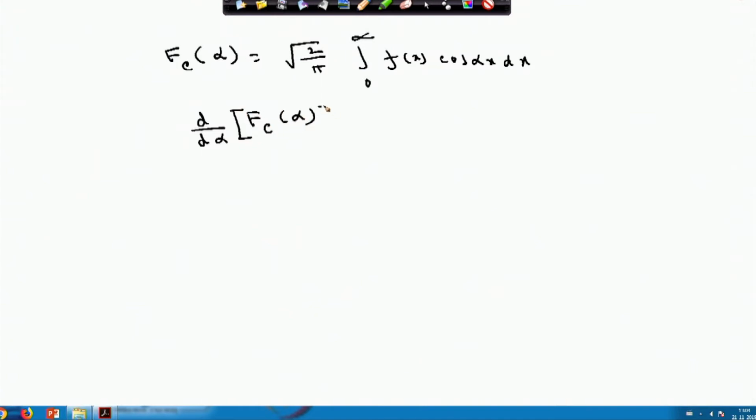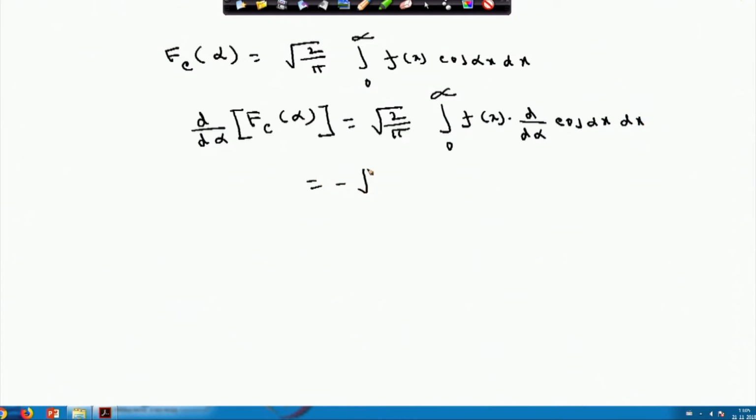It is root over 2 by pi, integral 0 to infinity, f(x) into d by d alpha of cos(alpha x). I can bring this inside the integral sign, so if I differentiate cos(alpha x), minus x f(x) sin(alpha x) dx will come.